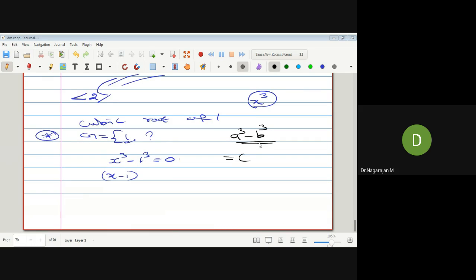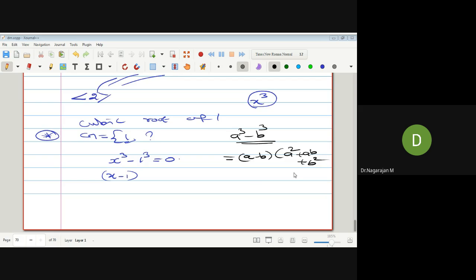Can any of you try? A cube plus b cube is equal to 3ab plus bq, sir. Okay. Remaining persons? So, a cube minus b cube equals a minus b into a square plus ab plus b square.